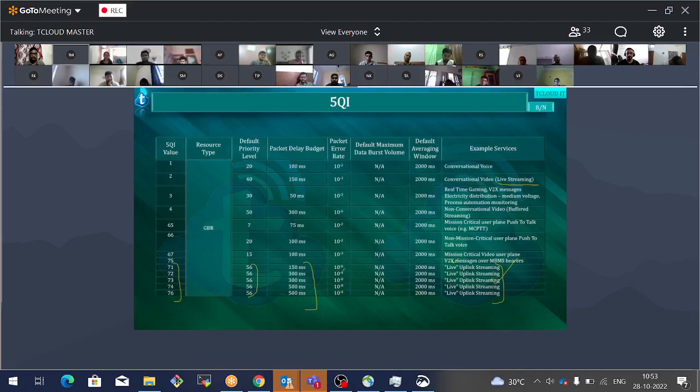So depending on what kind of setting you do, one of it would be chosen for live uplink streaming, and the corresponding 5QI value would be set, and you get those properties promised from the network. Network would be providing you that service according to the settings. But these are all standard values.